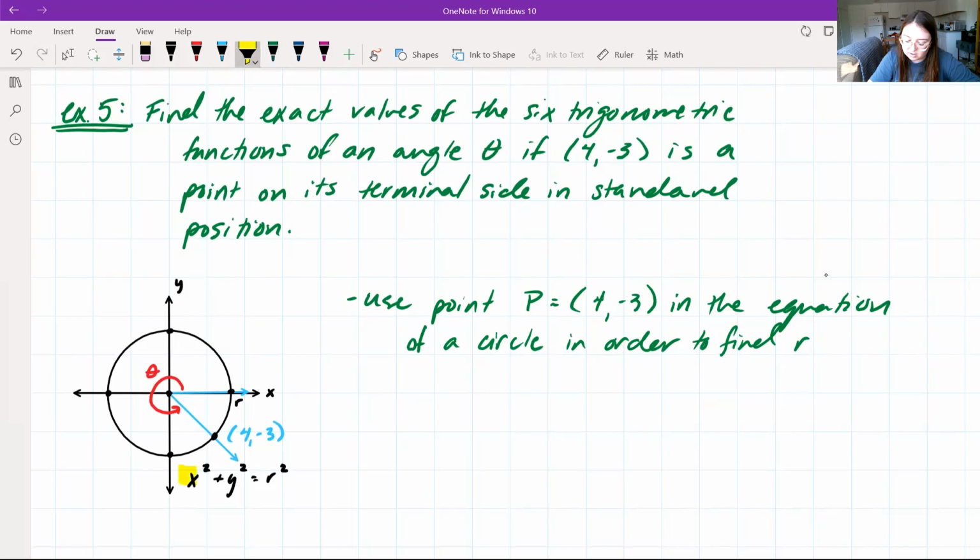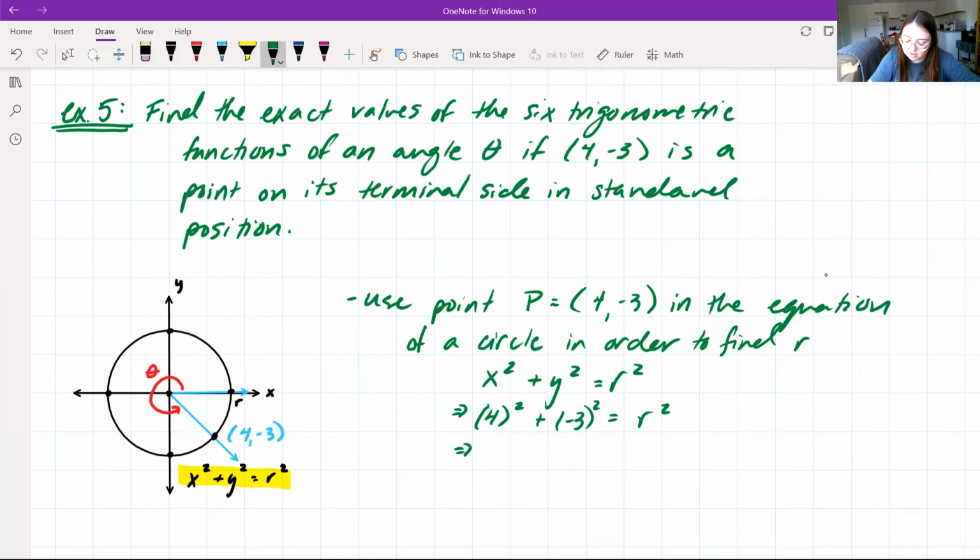So we wrote in the equation of the circle right there. Our equation of a circle is x squared plus y squared is equal to r squared. But we know that x in this case is 4. So we have 4 squared plus -3 squared is equal to r squared.